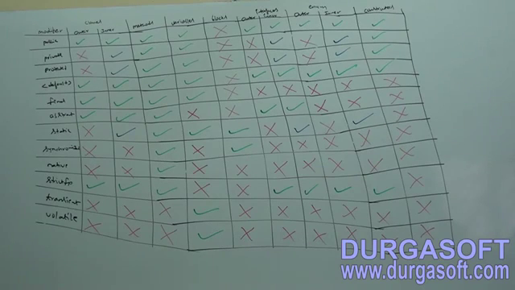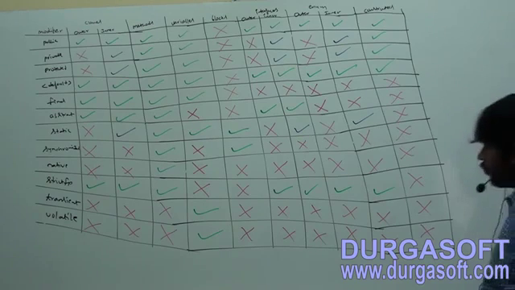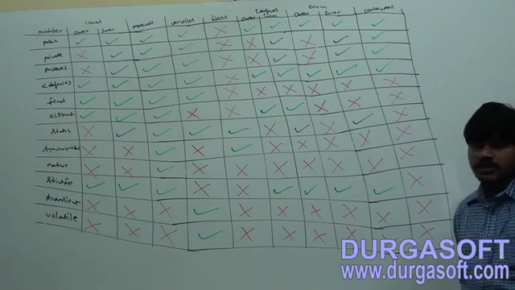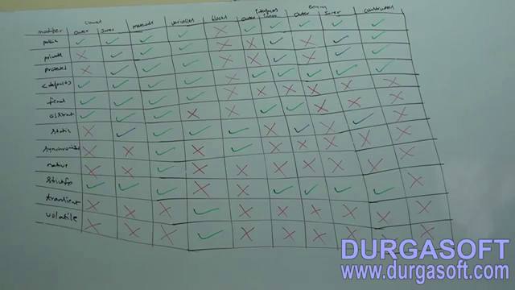Modifier, classes, methods, variables, blocks, interfaces. Take clearly.